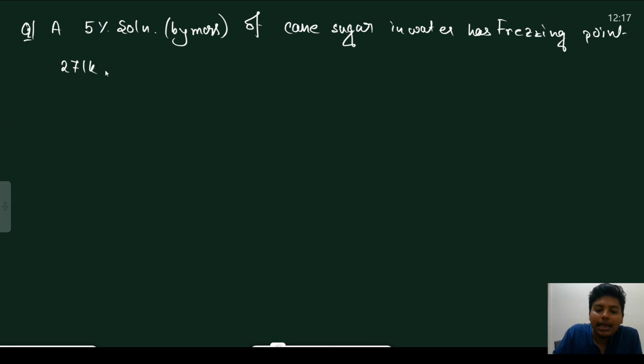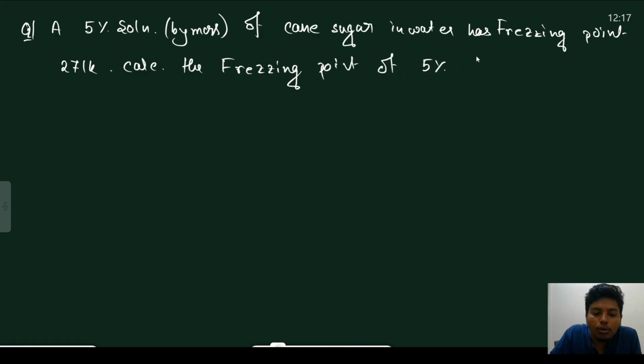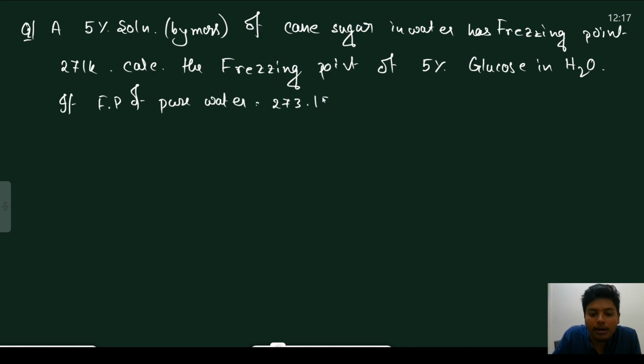Calculate the freezing point of a 5% glucose solution in water, if the freezing point of pure water is 273.15 Kelvin.